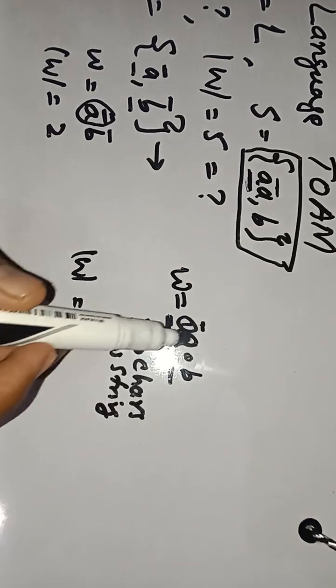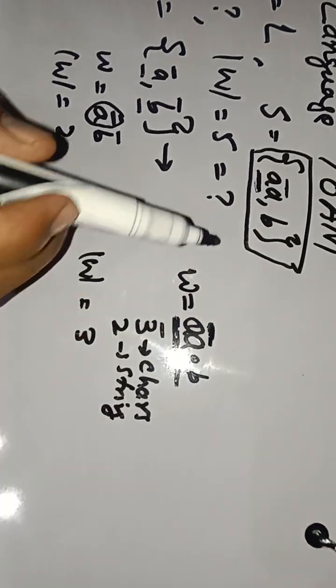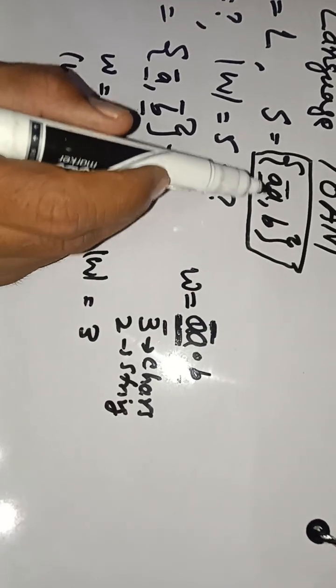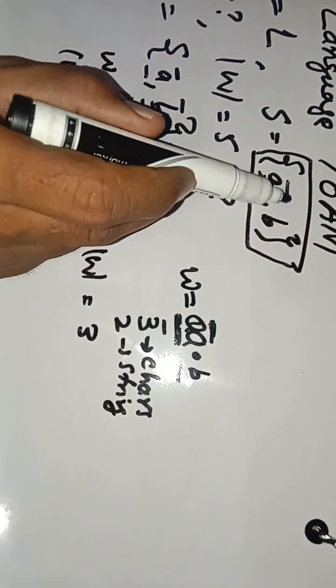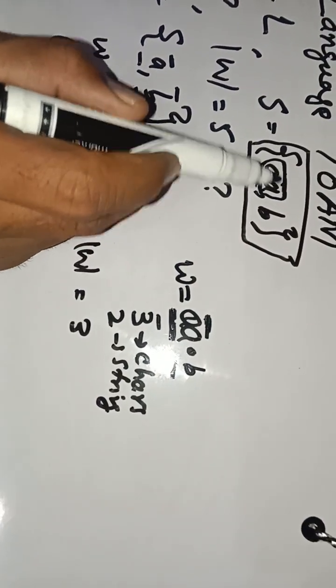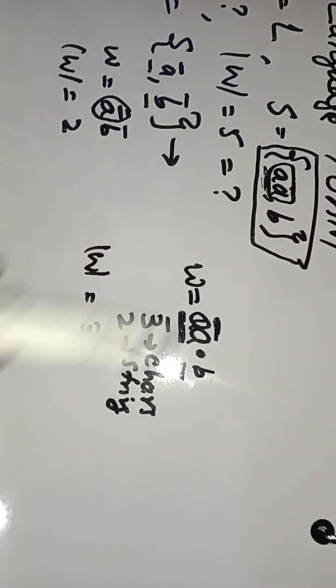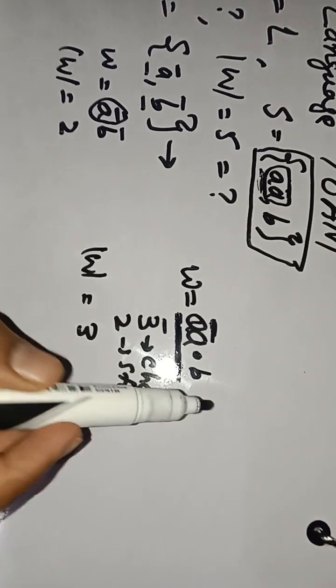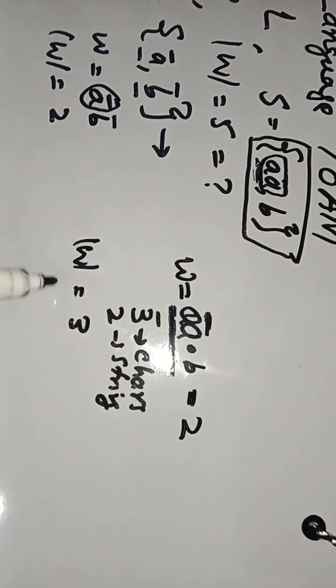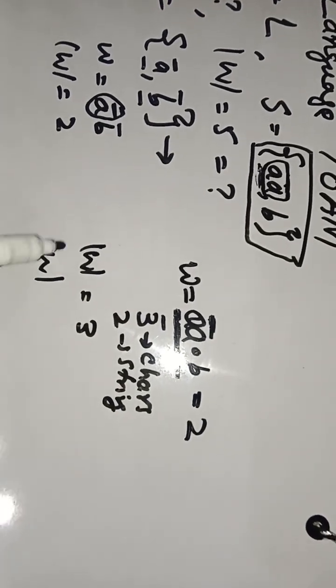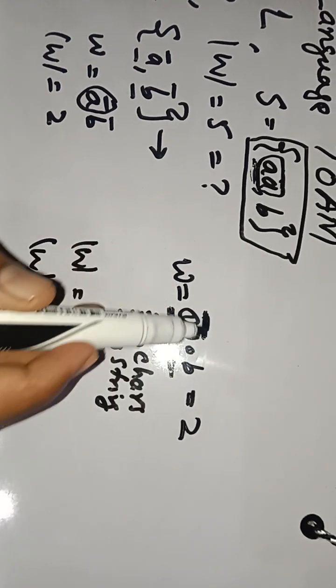But if we consider AA as a string from our alphabet, AA is only a single symbol. It is considered as a single symbol, then the length of this would be 2, if we are considering the positions.